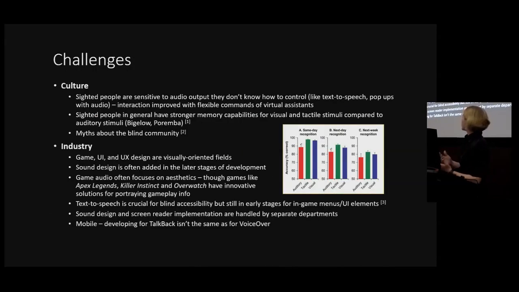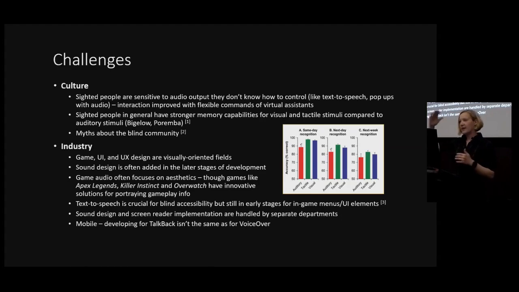But we do have a lot of challenges. And like I said, very small font, cramming too much. So culturally, like I said, when it comes to sighted people, we're very sensitive to audio that we are not expecting. So when it comes to screen readers, you can just look on YouTube and look up how to turn off Narrator on Xbox or how to turn off VoiceOver on iPhone.